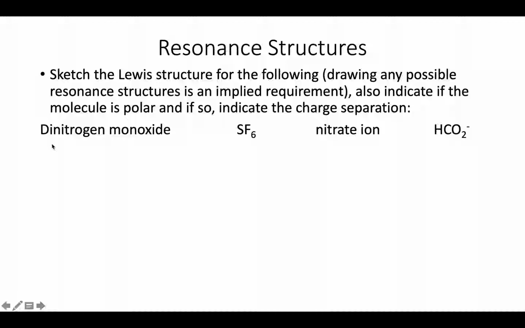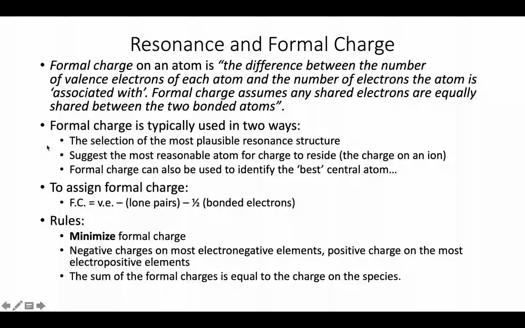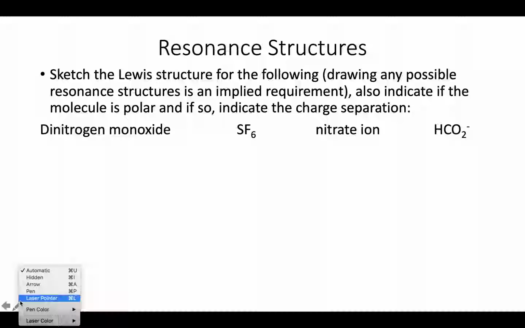the practice is to draw some Lewis structures or resonance structures. So, dinitrogen monoxide. I like this molecule because students mess it up all the time. And I don't like it because they mess it up. I like it because it illustrates understanding of what you're supposed to do.